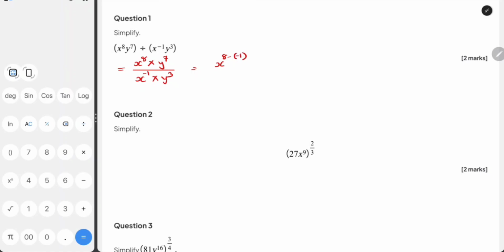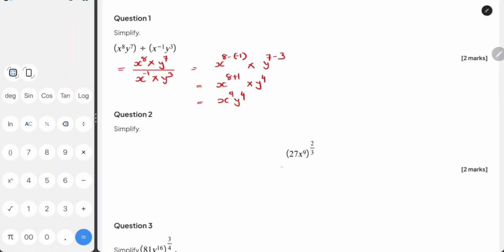So don't do it 8 minus 1, it's 8 minus minus 1, multiplied by y raised to 7 minus 3. So that's x raised to 8 plus 1 into y raised to 4. That's x raised to 9 y raised to 4. Clear?